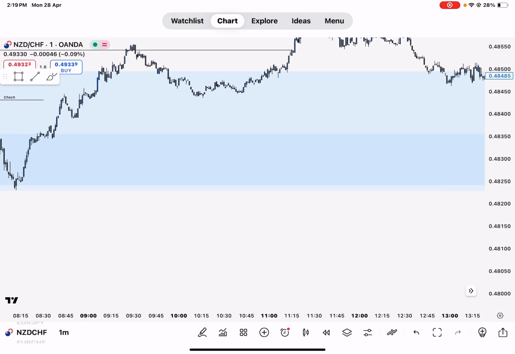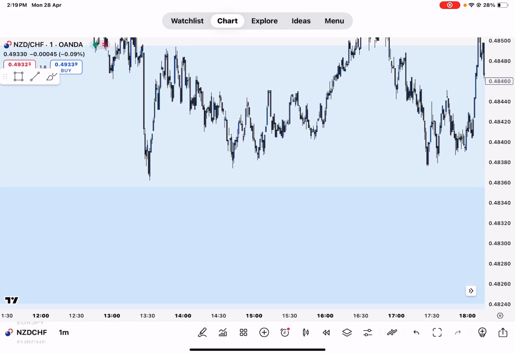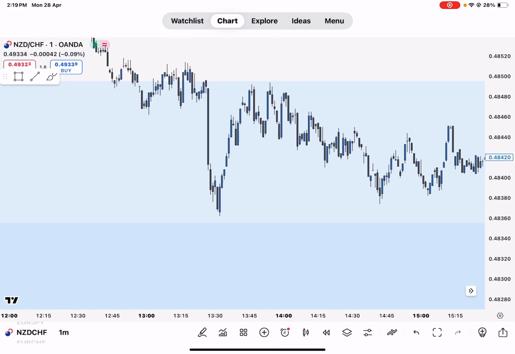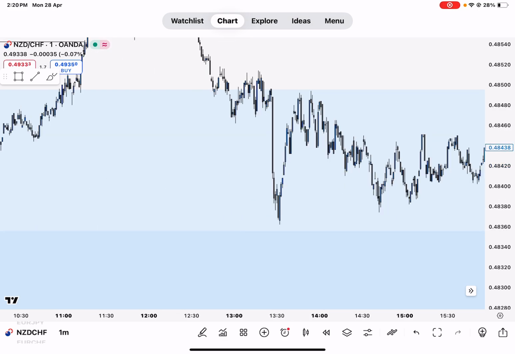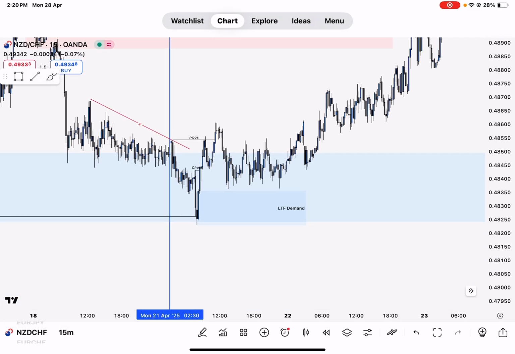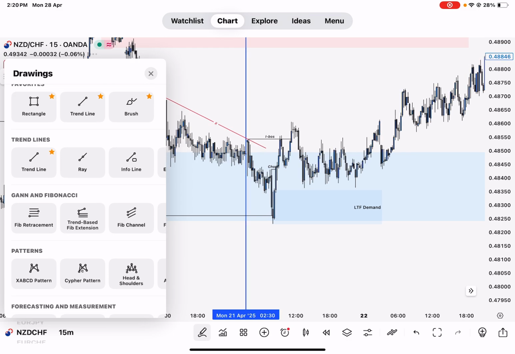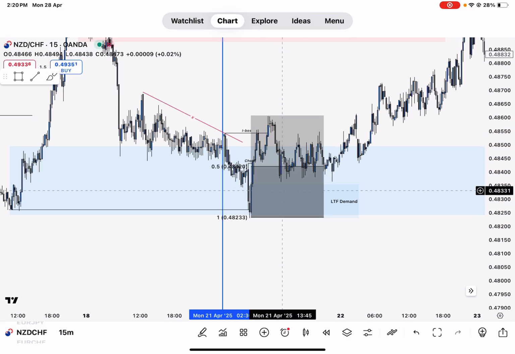So what I see here is when price comes near this area, like there is a 1 pip difference, we will not count that out, because if you know the knowledge of pricing, you'll understand that price is already in the discount area. This is our zone and price is already in discount.